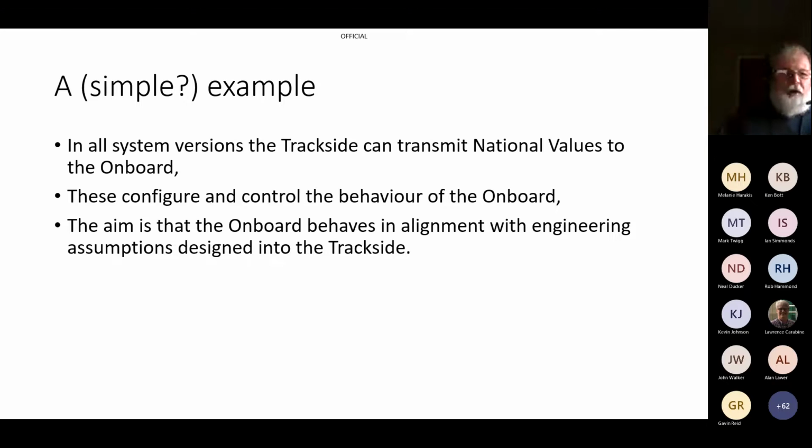So just to give a simple example, all system versions have the capability for the transmission of national values from the trackside to the onboard. The purpose of those is to configure the onboard so that it's aligned with the engineering rules being applied to the trackside. It's things like the maximum speed in staff responsible, for instance.